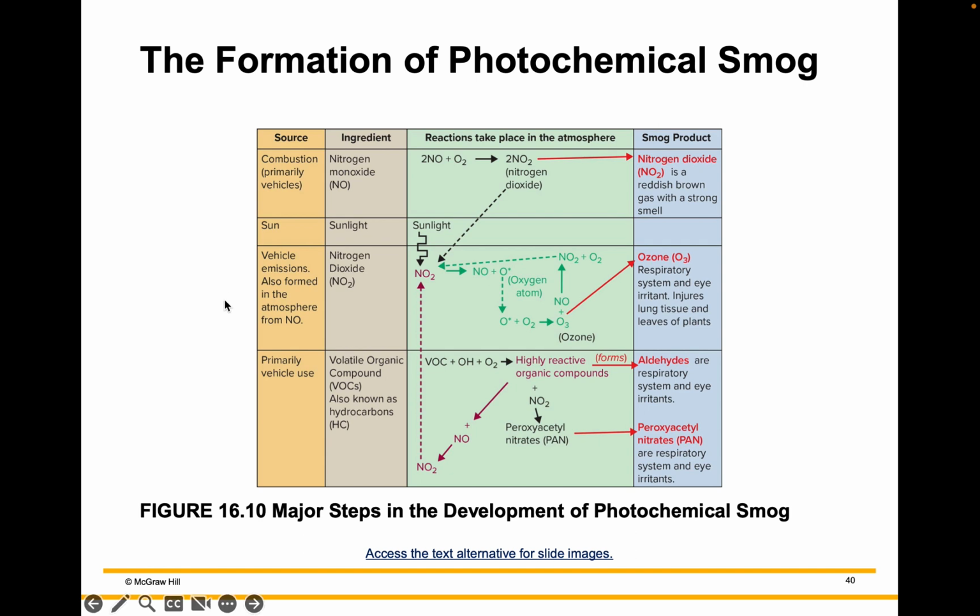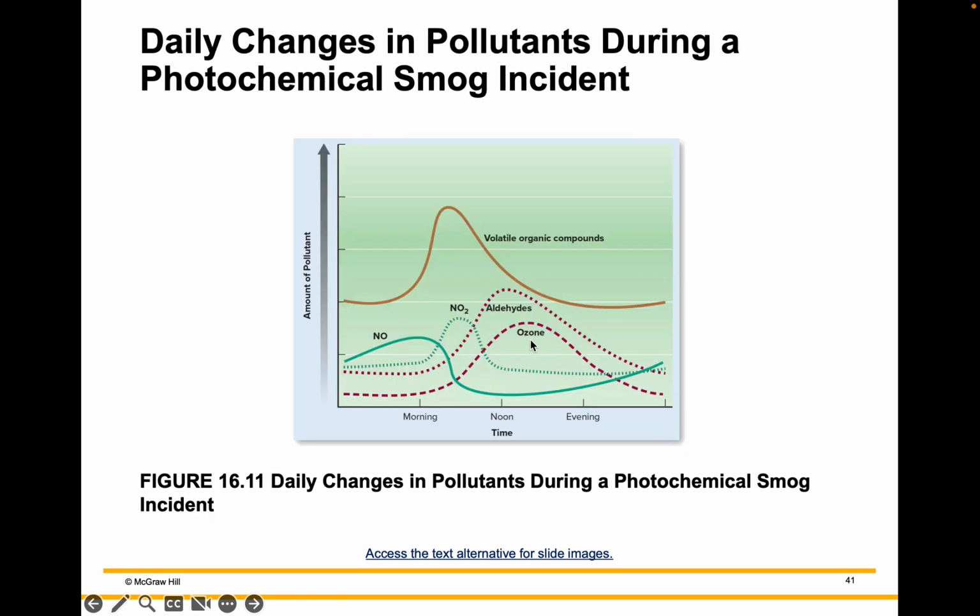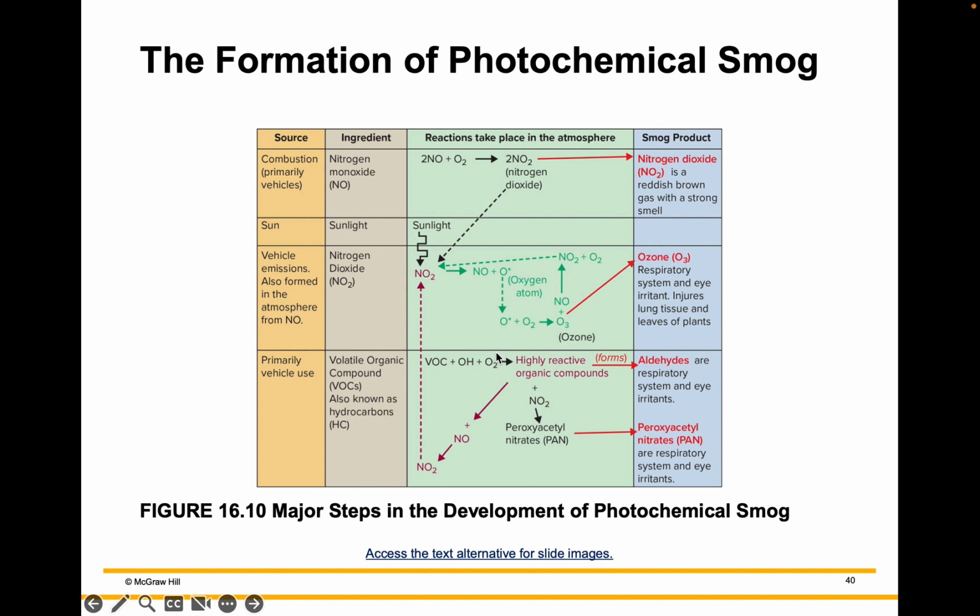And then vehicle use also produces VOCs, also known as hydrocarbons. And these hydrocarbons are going to react with hydroxides and oxygen, and they form highly reactive organic compounds. Those react with nitrogen dioxides and produce these PAN chemicals.